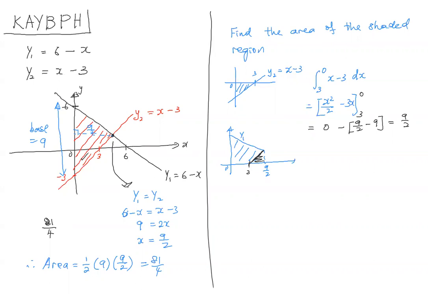So I will integrate from 0 to 9 over 2 my y1, which is 6 minus x dx. Then I have to take away from 3 to 9 over 2 my y2, x minus 3 dx.